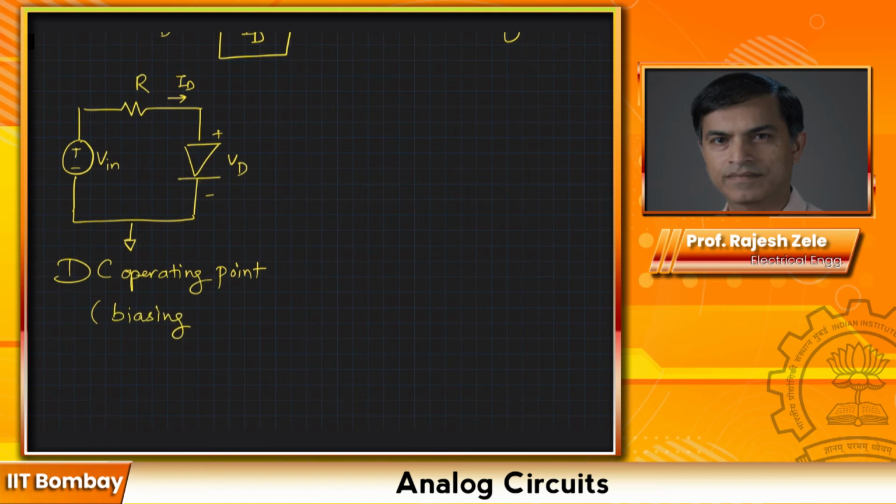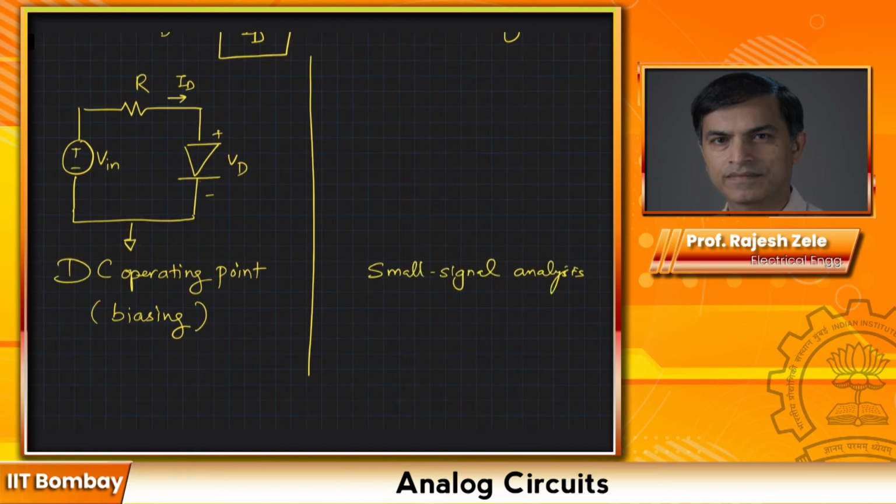So this is the example that we just did, the numerical example. Using that we can do the DC operating point. And once the DC operating point is done, we know that the diode is carrying a certain amount of current, DC current ID. And then we create something called a small signal analysis model.